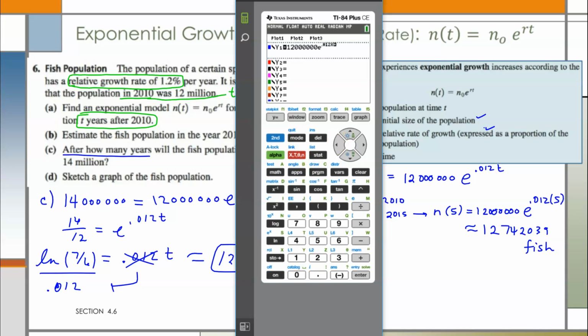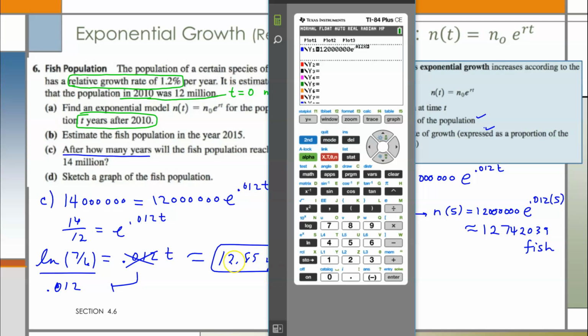Okay, so window. When I plug in 5, I get 12.7 million. When we plug in 12.9, we're up to 14 million.